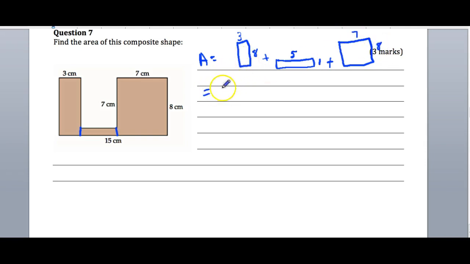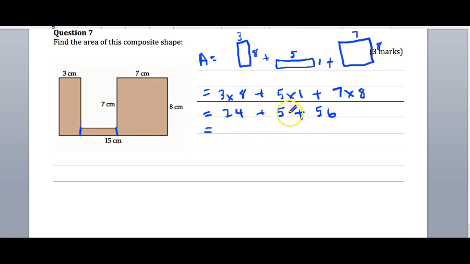Okay, so length times width of that first rectangle, length times width of the second rectangle, and length times width of the third rectangle. So 3 times 8 is 24, 5 times 1 is 5, and 7 times 8 is 56. And let's add all that together.